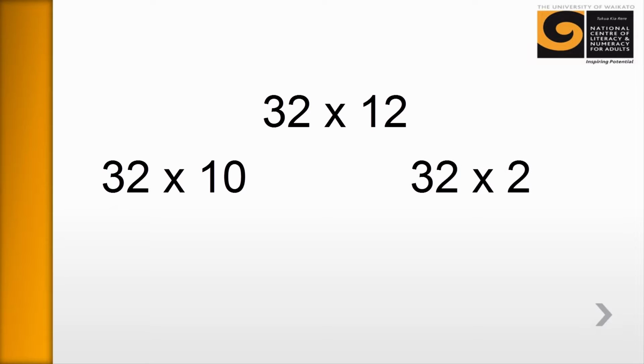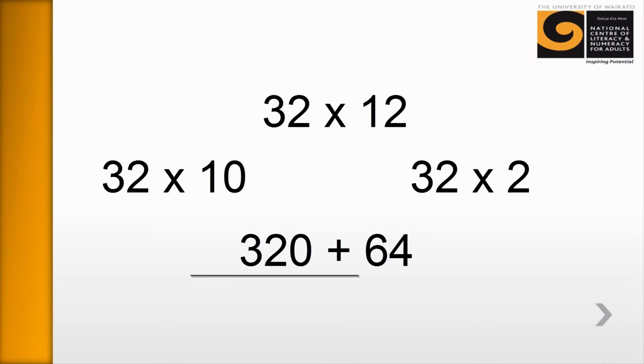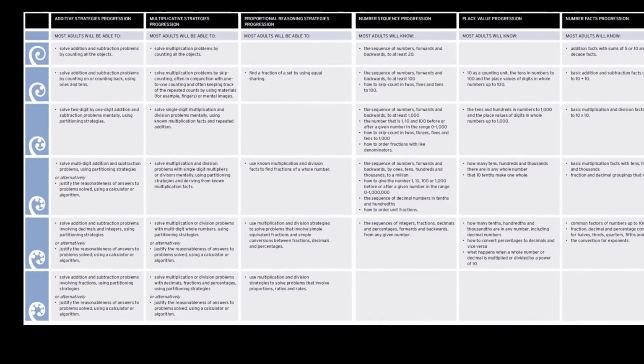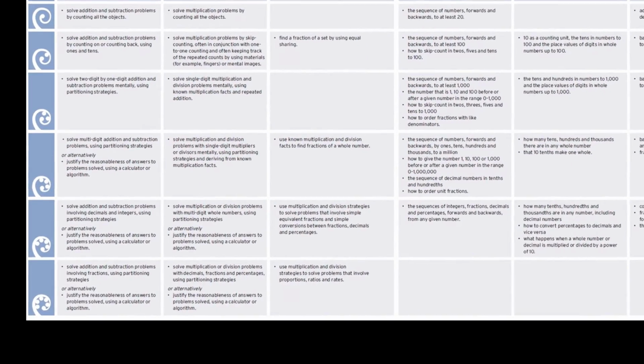The remainder, 32 times 2, is also reasonably easy to calculate. 320 plus 64 then has to be worked out in the working memory, and this equals 384. And thus we've solved 32 times 12 mentally using partitioning strategies. And again, this represents step 5 on the learning progressions, and this is the target step for employees attempting to count the boxes on the pallets.